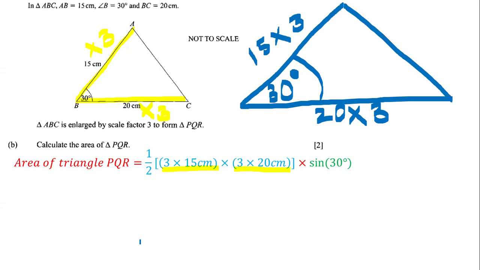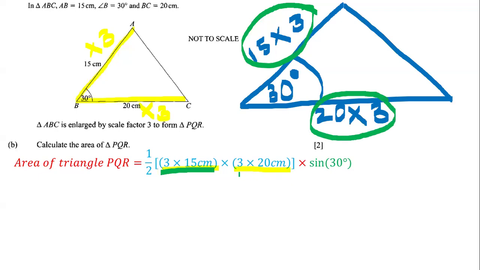And so if we have a triangle and we're trying to find the area, we're going to say, okay, area is going to be equal to what? A half a, which in this case, a is 15 times 3, multiplied by b, which is 20 times 3, or 3 times 20, multiplied by sine of C. And in this case, C is 30 degrees.